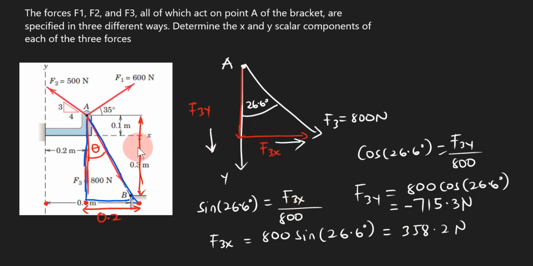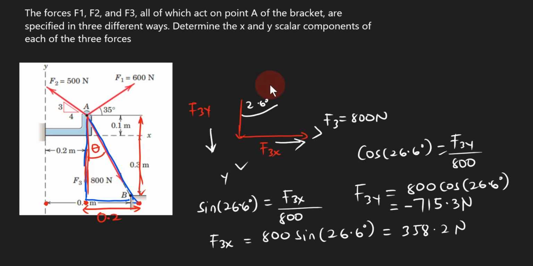But for the third force, we can use another method, where we will multiply the magnitude of the force by the unit vector of the force. I'm going to find the position vector of this force F3. Then after finding the position vector, we find the unit vector of that position vector, then we multiply by the magnitude of the force.